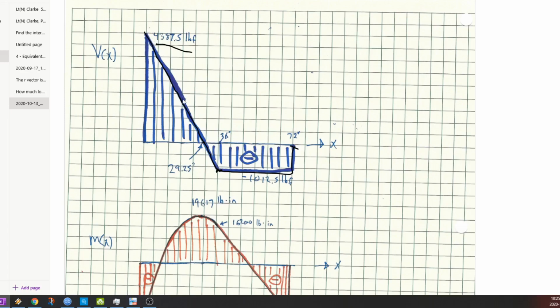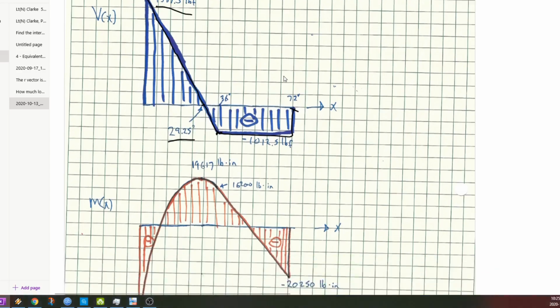In this area, the equation of this line is 4387.5 minus 150x. So the point at which that's 0 is going to be 4387.5 divided by 150. So that's at 29.25 inches.